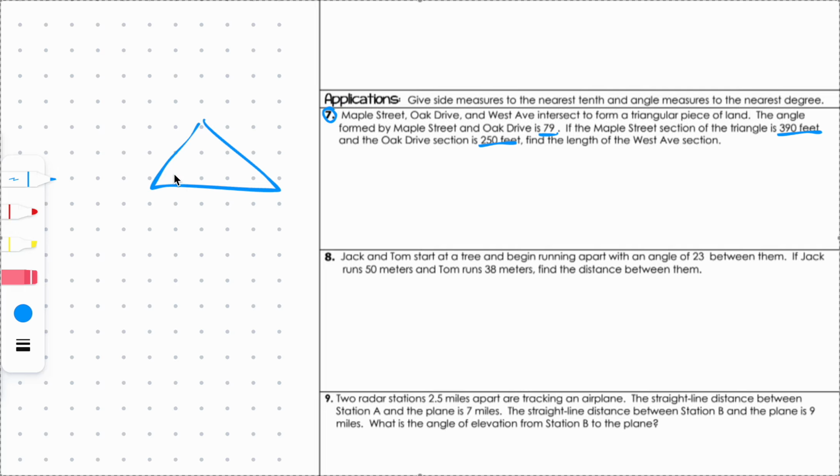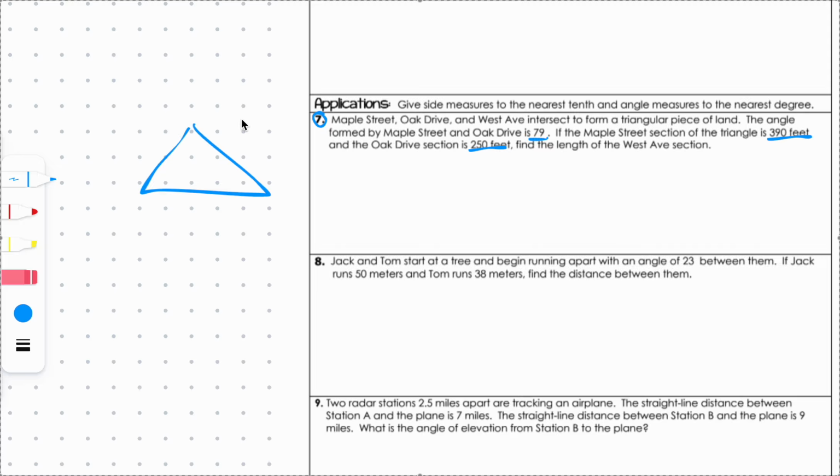This side is Maple, this side is Oak, and this side would have to be West Avenue.